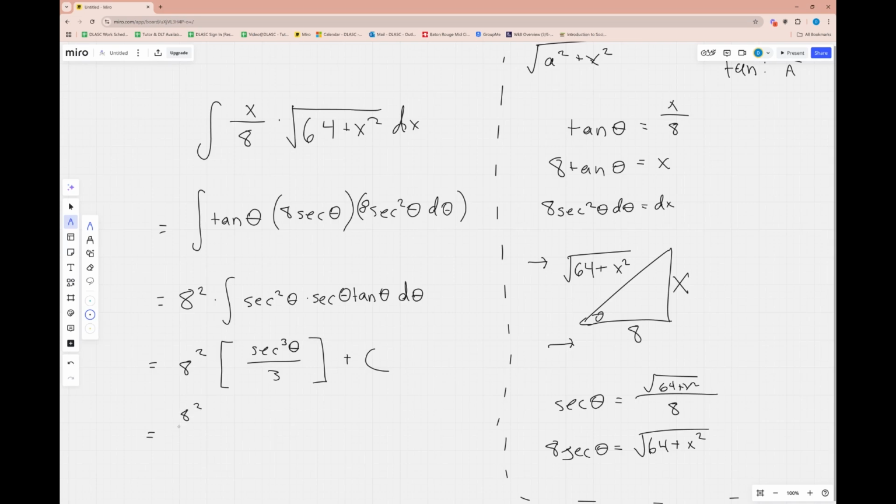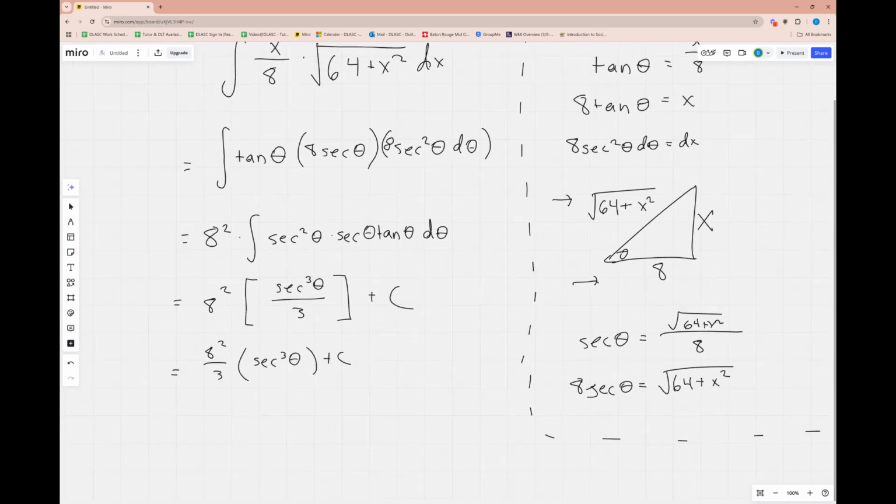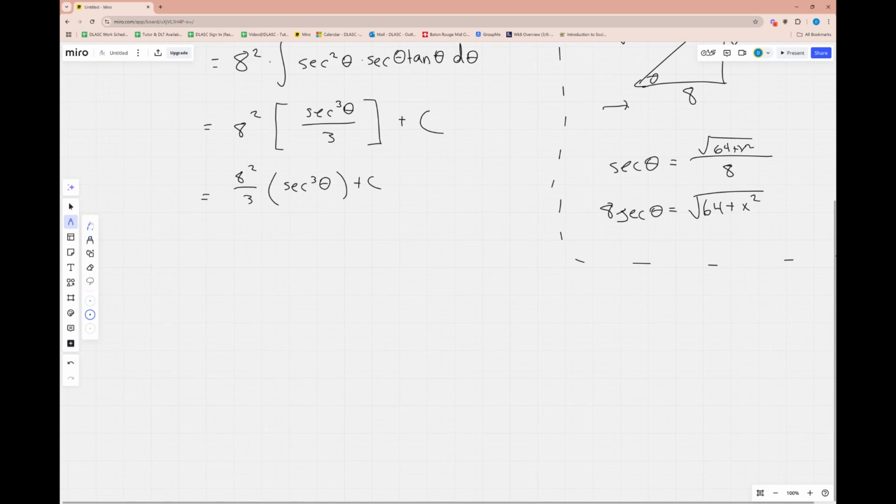This is going to be 8 squared over 3 times secant cubed theta plus c. Let's make this 64 thirds. And my secant theta was this radical expression over 8, so that's going to be the square root of 64 plus x squared over 8, that whole expression cubed, plus c.